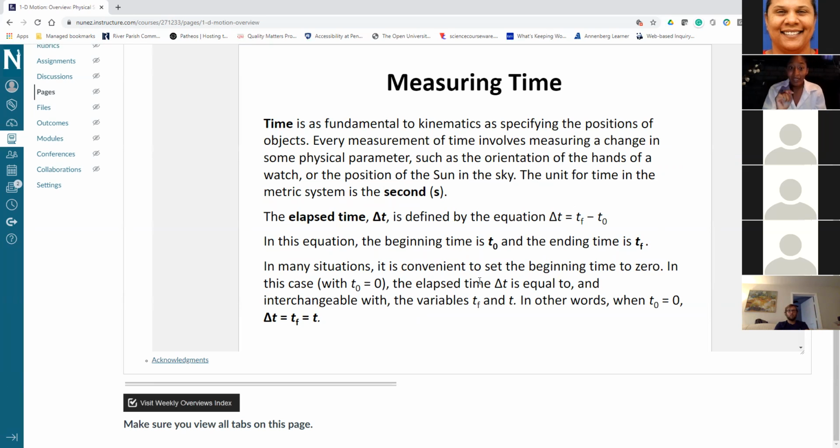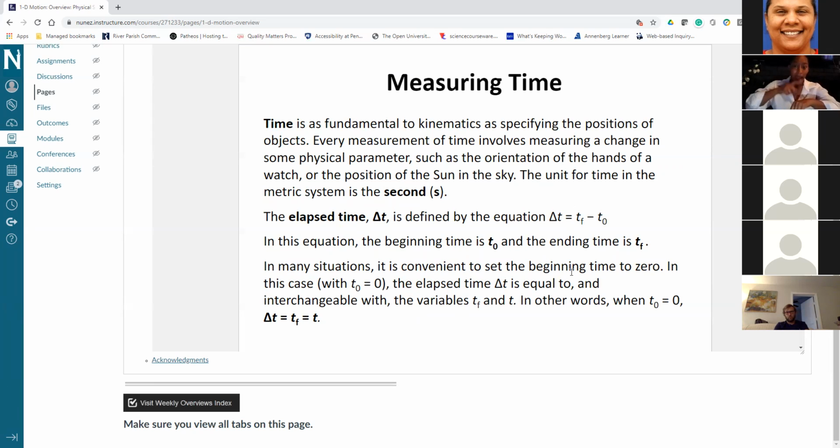And as I said, a lot of times we use t naught equals 0, because we say what was the time when our clock was at 0. So our stopwatch is on 0, and then when the object moves, we start up the stopwatch and keep track of how much time elapsed. Sometimes it's convenient to use our starting time as 0.